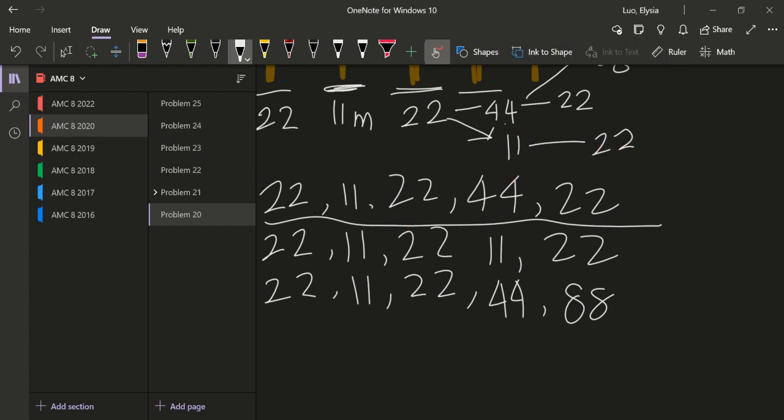Okay, so 22 plus 11 plus 22 plus 44 plus 22. Now that gives you 121. Now let's divide that by 5. Hooray, it ends in 0.2.